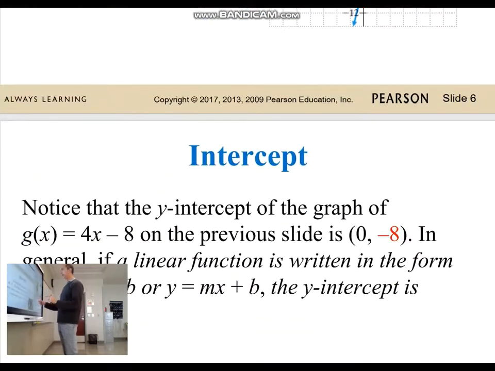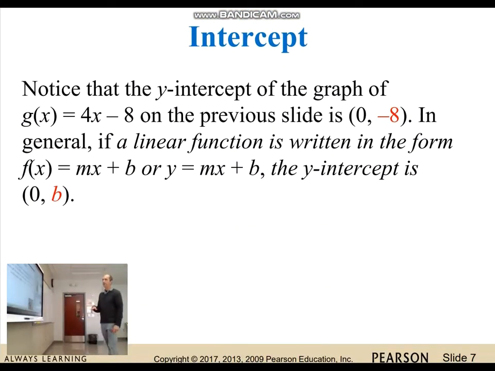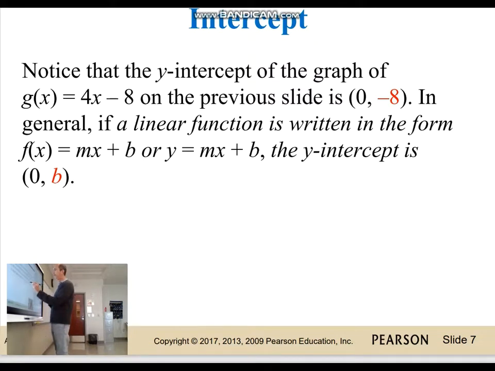Next thing, notice that the y-intercept of the graph of g(x) equals 4x minus 8 is (0, negative 8). X equals 0, y equals negative 8. In general, a linear function is written in the form f(x) equals mx plus b, where b is the y-intercept.